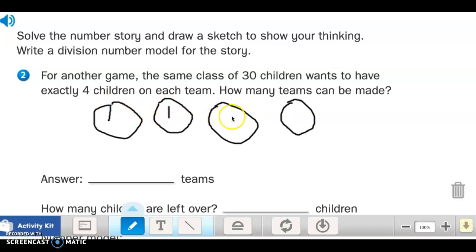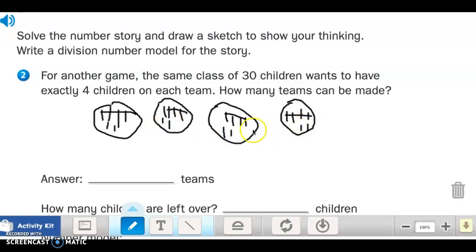1, 2, 3, 4, 5, 6, 7, 8. We're going to keep going until we get to 30. 9, 10, 11, 12, and so on up to 28.